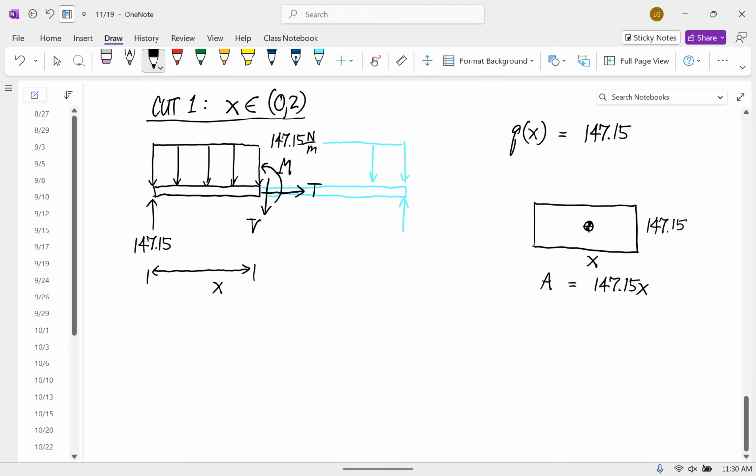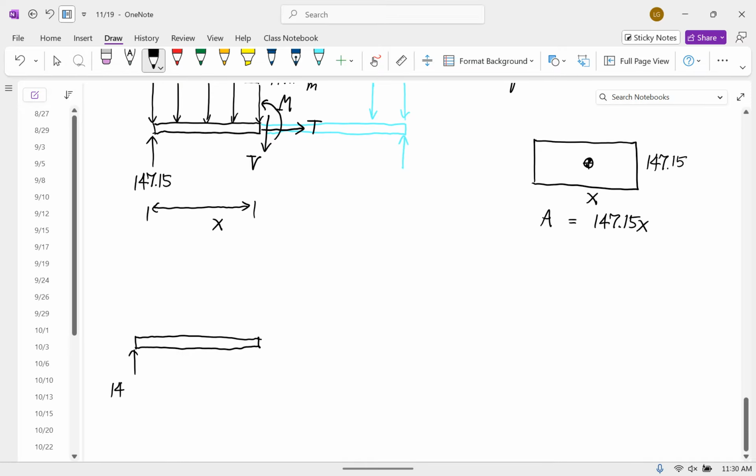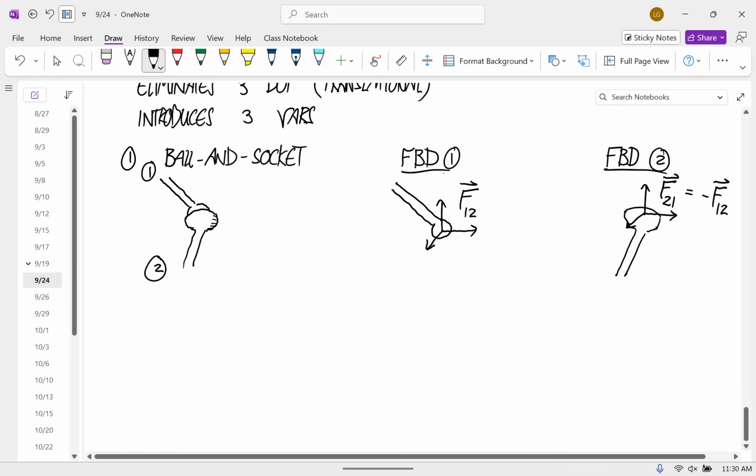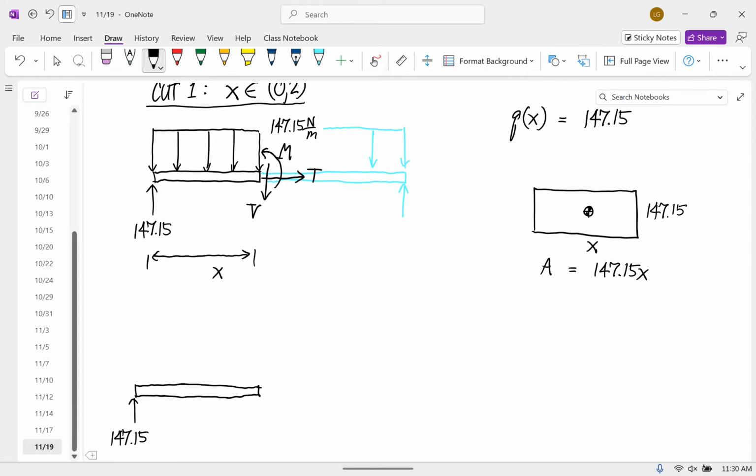And so now I'll draw a new free body diagram. We have the joint force, 147.15. I'm replacing that distributed load now with this point force that has the magnitude 147.15x. And then the internal loads.